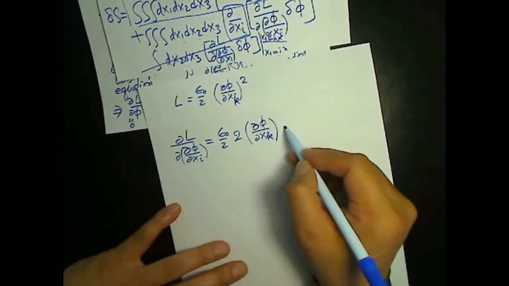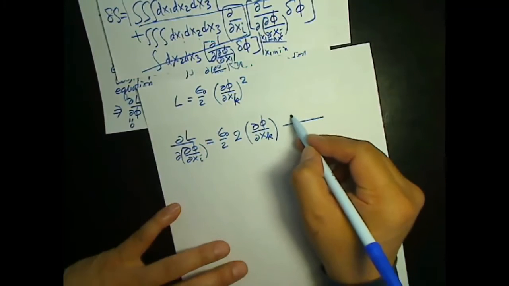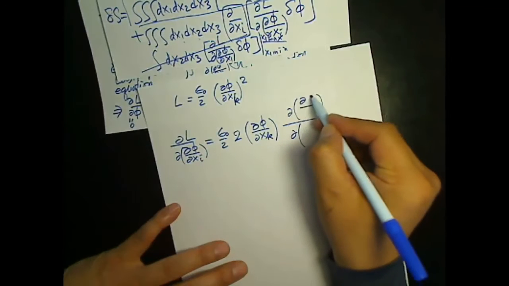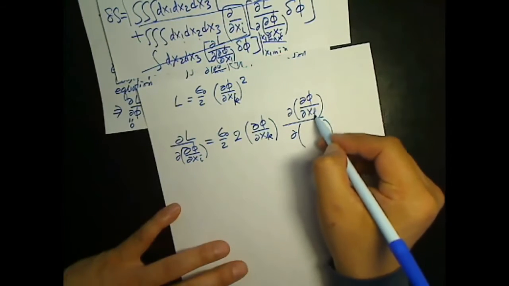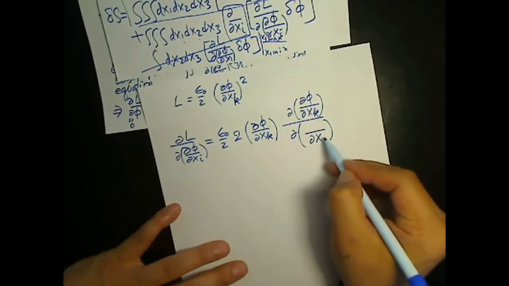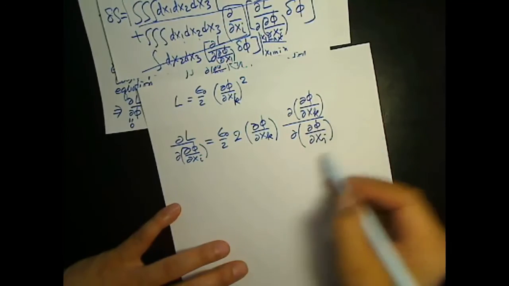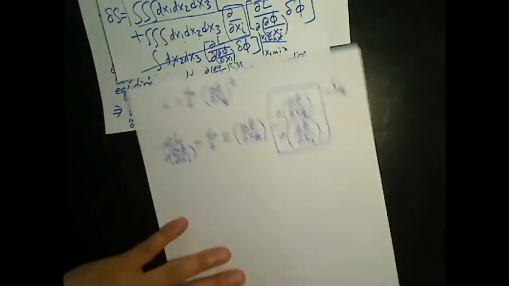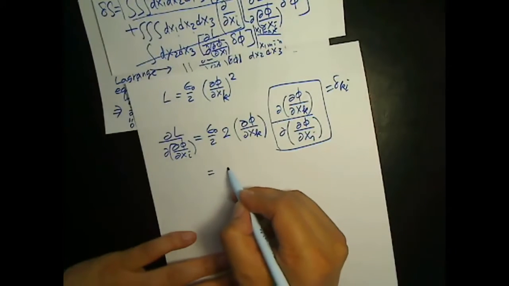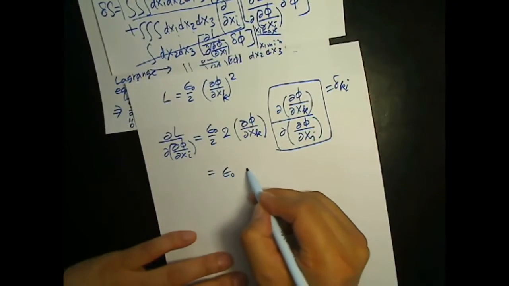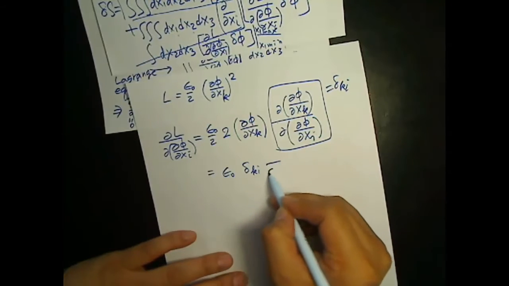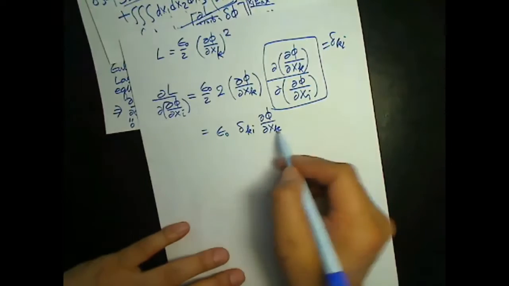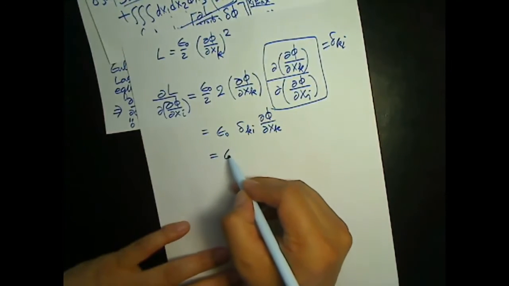And this one is actually the Kronecker delta, Ki. Therefore, this is epsilon 0 times the Kronecker delta Ki, and the Kronecker delta can be summed over.